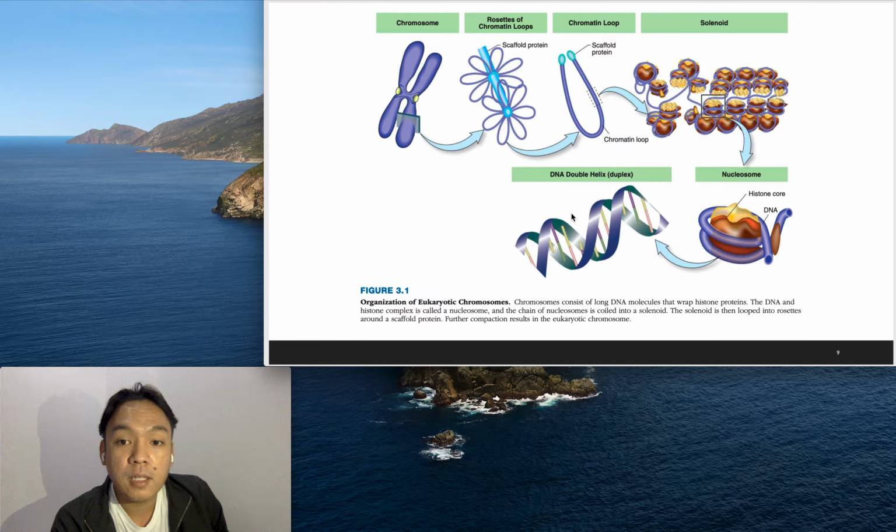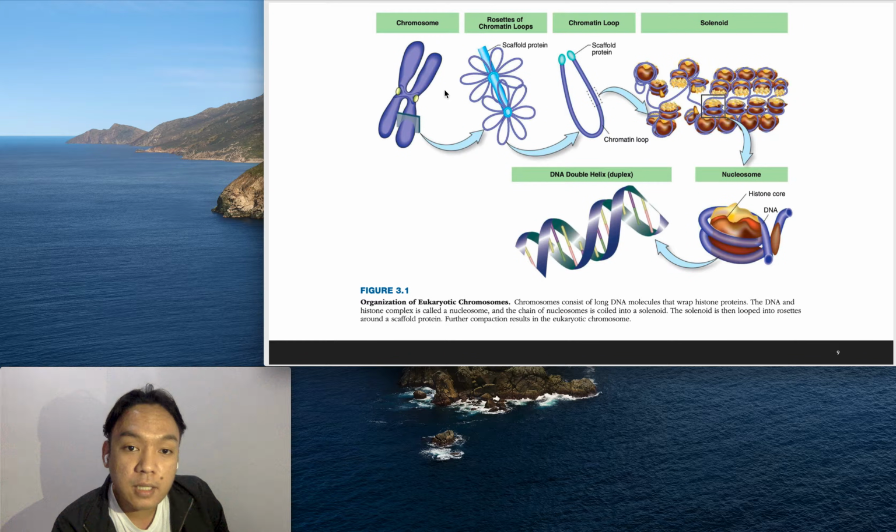The solenoid will create a chromatin loop with scaffold proteins, which maintain the shape of the chromatin loops or the rosettes of chromatin loops found in your chromosome. So this is your chromosome, consisting of a long DNA molecule wrapped around histone proteins.